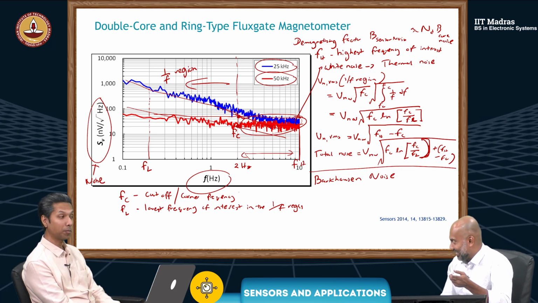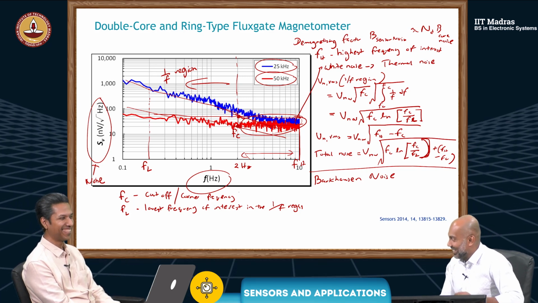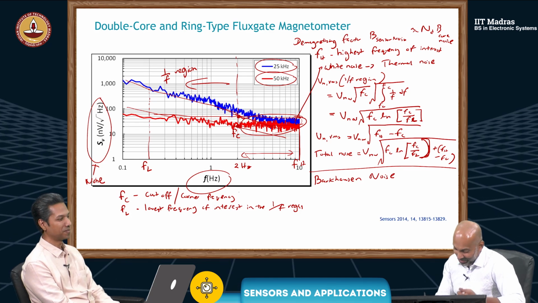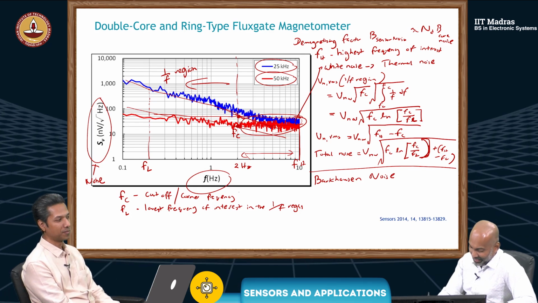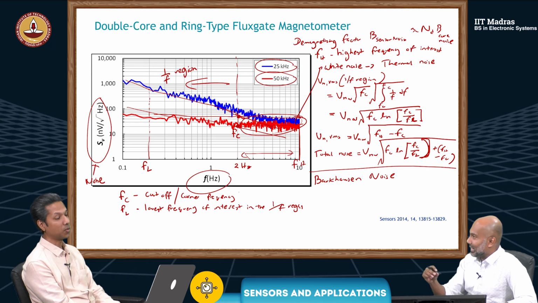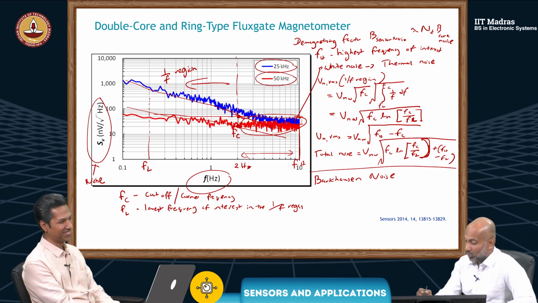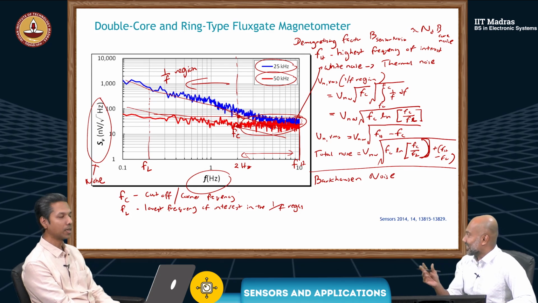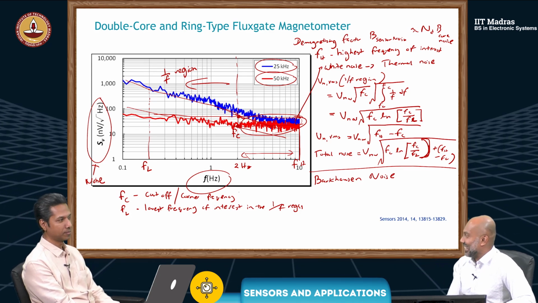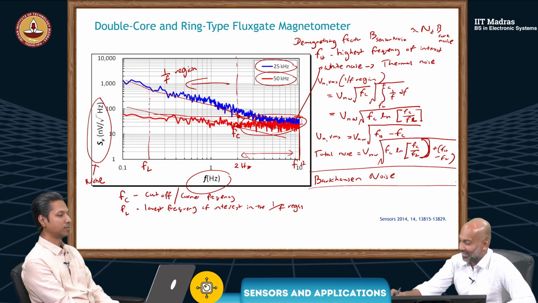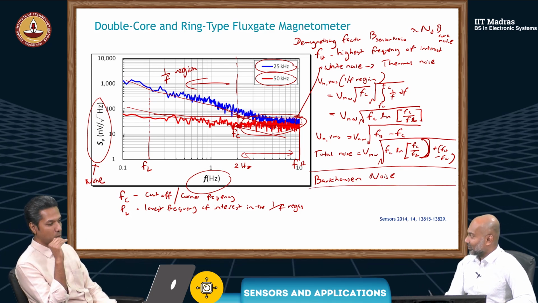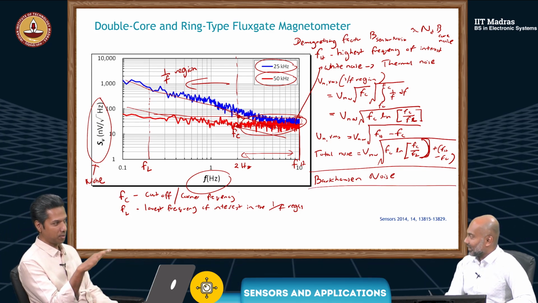Surprisingly, we can convert this output into audio. You can also see it as electric pulses, this Barkhausen noise. That means the noise of your measurement system is very low.